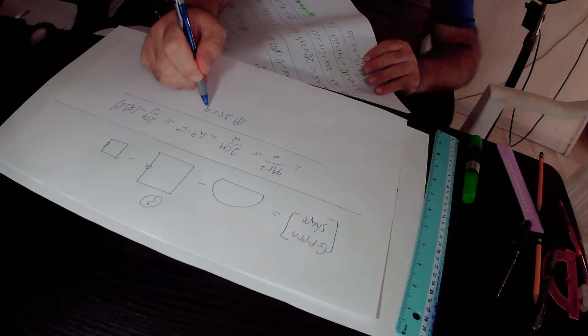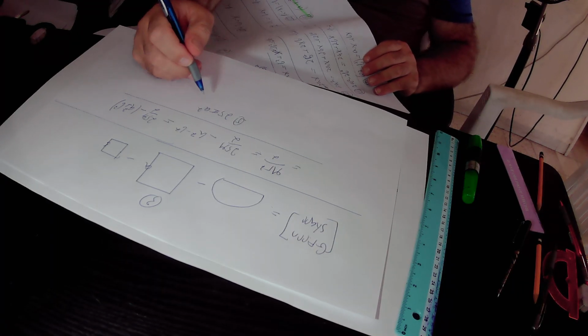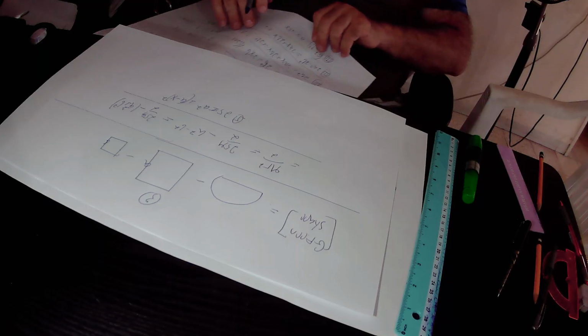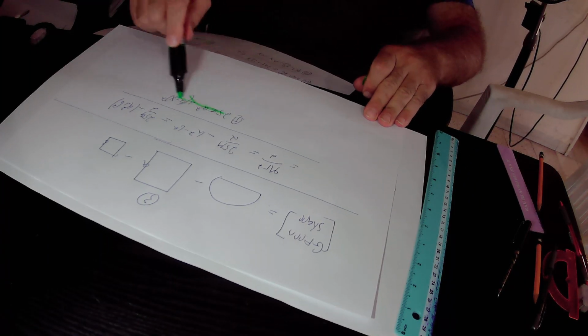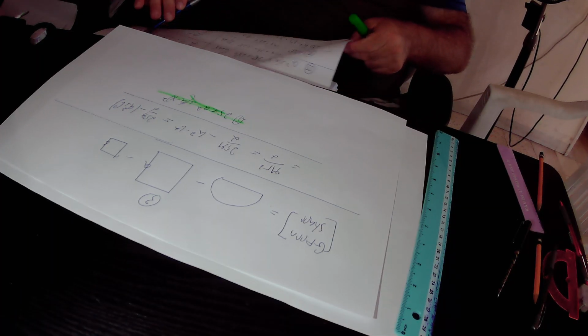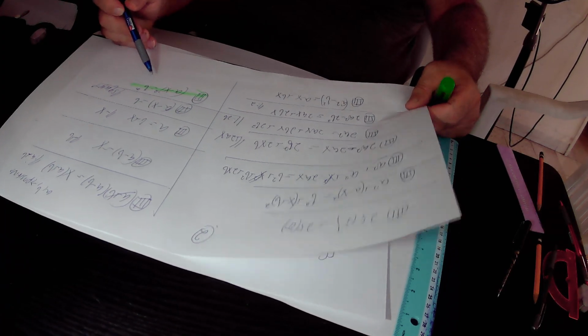25 equals A square plus A minus X square. Repeat again, according to equation 1, we already found out that 25 equals A square plus A minus X square. But according to equation 3, A minus X square equals B square.